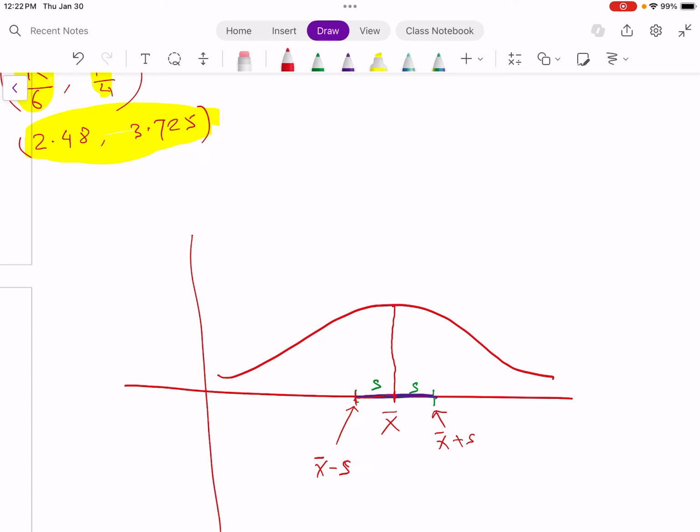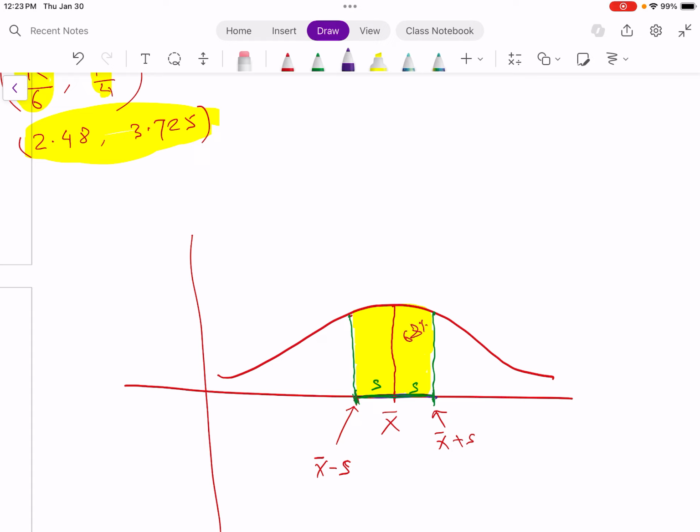So the measurements that we find from here to here make up 68% of the measurements. So let me shade this region. This region is 68%. We have 68% of measurements in this region.